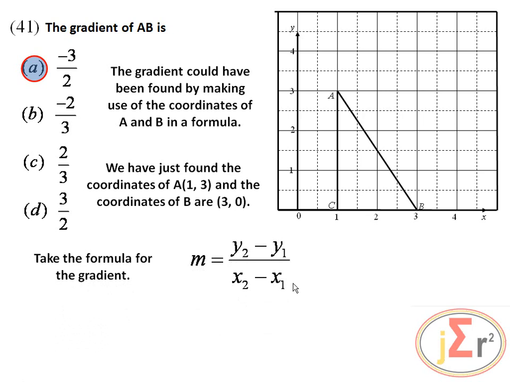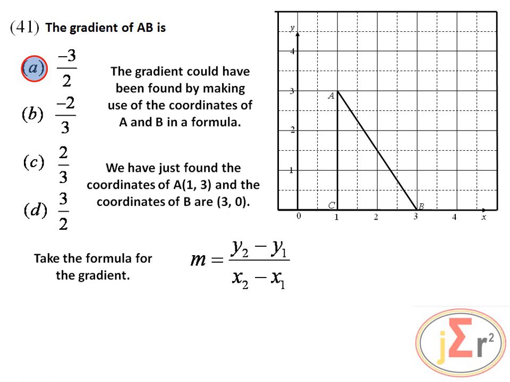So we are going to use the formula for finding the gradient. And of course it's y2 minus y1 over x2 minus x1. That one is well known to all CSEC students. We may use any one of these points to be x1, x2 or y1, y2. We only need to be consistent.